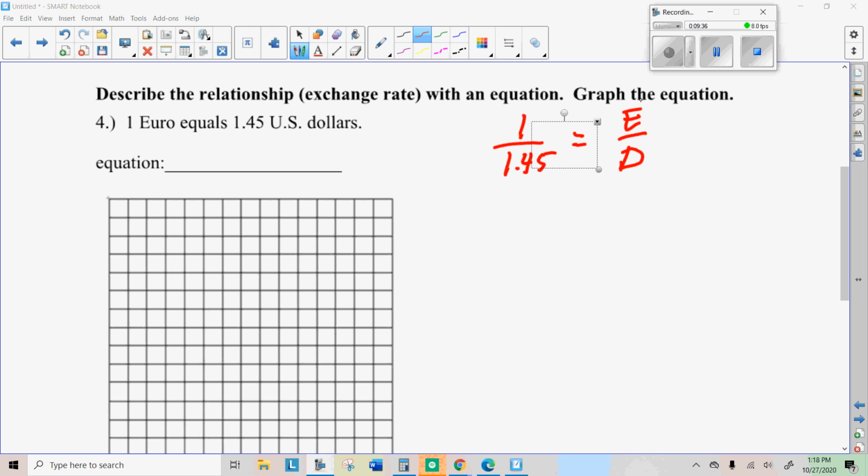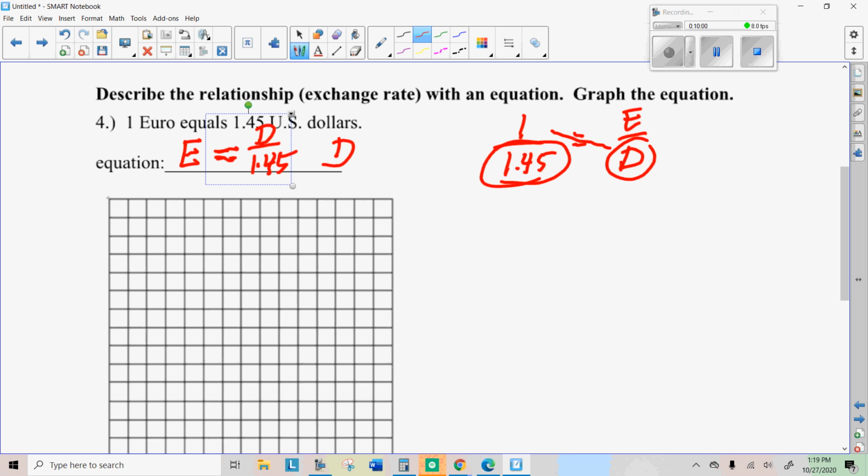So if I needed to find my euros, I would take the dollars divided by 1.45. Now I could also do it the other way. Dollars is equal to 1.45 times however many euros I have.